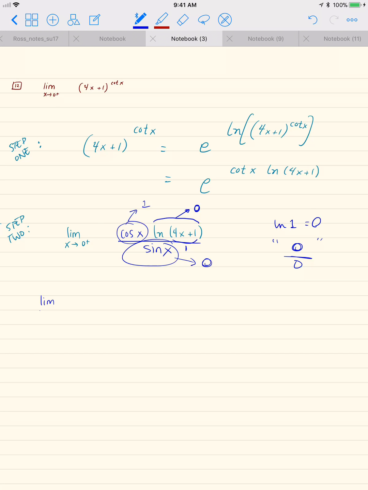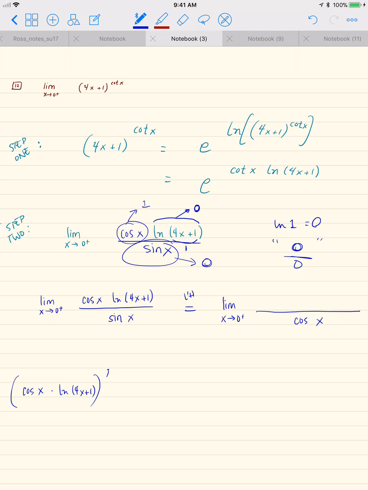So our limit as x approaches 0 from the right of cosine x times natural log (4x + 1), divided by sine x, is equal, according to L'Hopital's rule, to the limit as x approaches 0 from the right of the following. In the denominator, we'll have the derivative of sine x, which is cosine x. In the numerator, I need the derivative of cosine x times natural log (4x + 1).